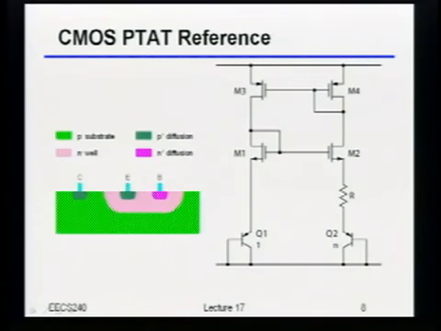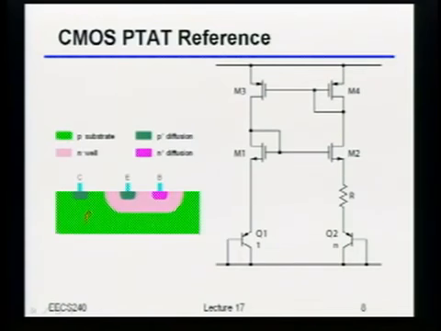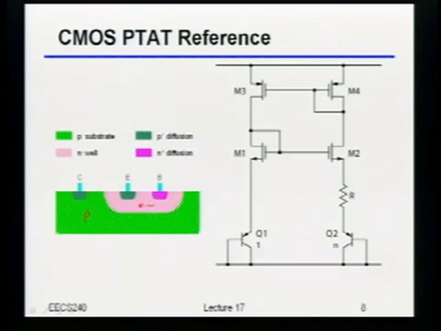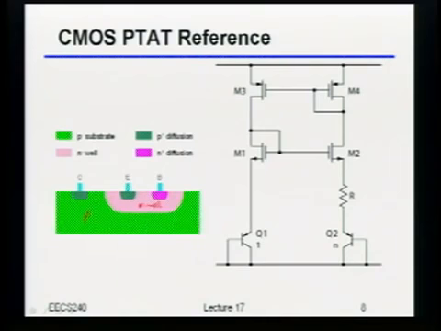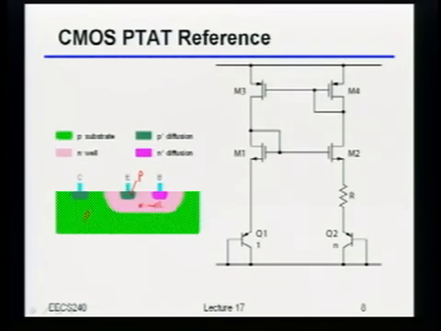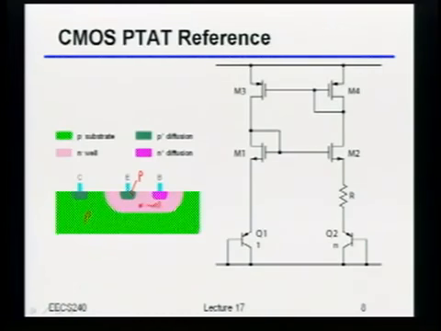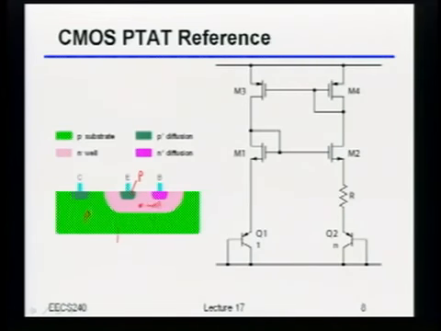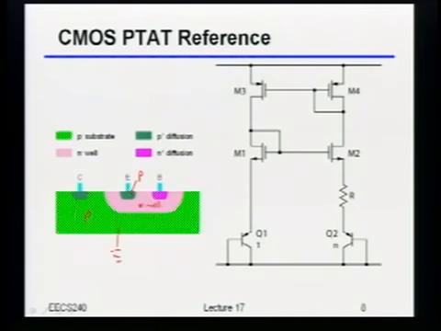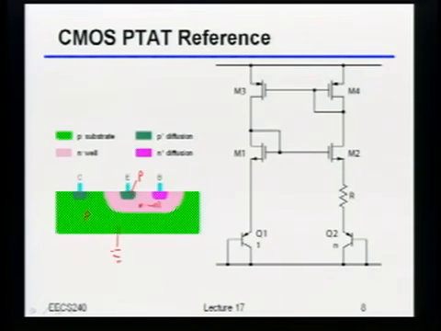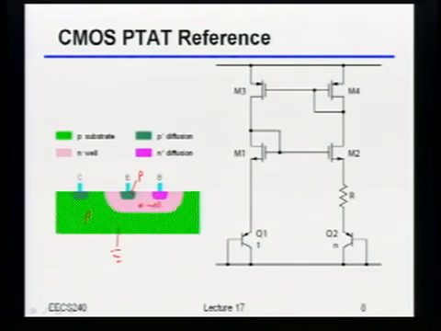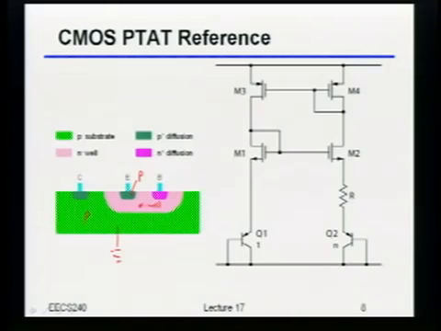This is an example: the entire substrate is a P, right? You can build an N well, and then you can put a P diffusion in there, which you would have thought was the drain of a PMOS transistor, but here we're going to use it as the emitter. So this works, but the point is the substrate had better be ground. If it's not ground, then the entire rest of the chip that we were futzing with isn't going to work, okay?